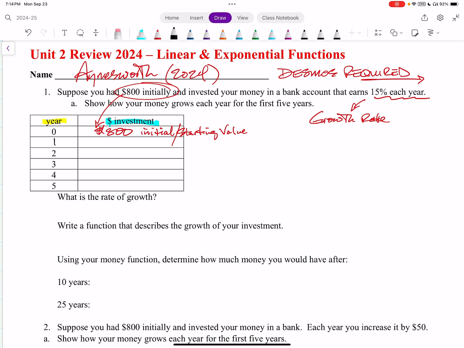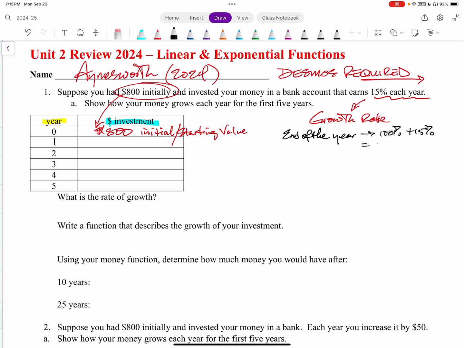Well, if you invest in a bank and they actually give you 15% a year, we know that at the end of the year, we're going to have 100% of our money plus that 15% gain. I mean, this is an amazing rate of return.